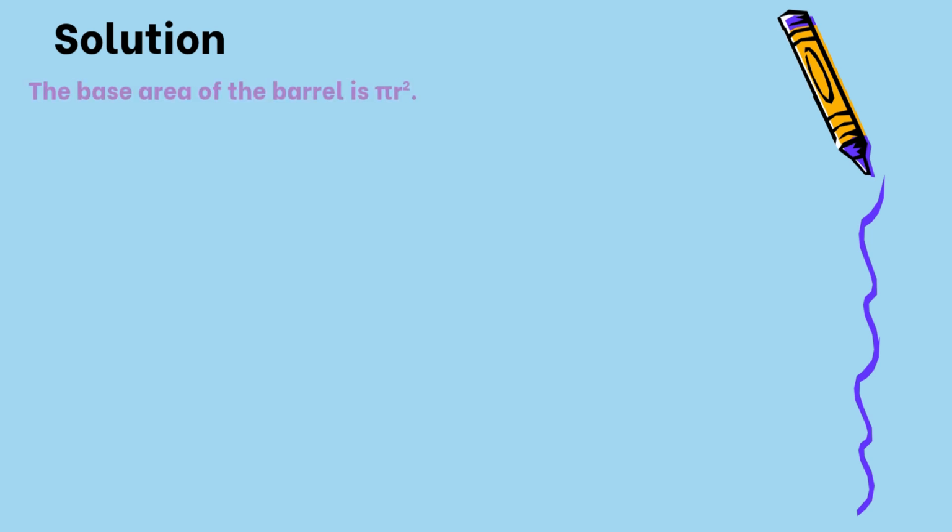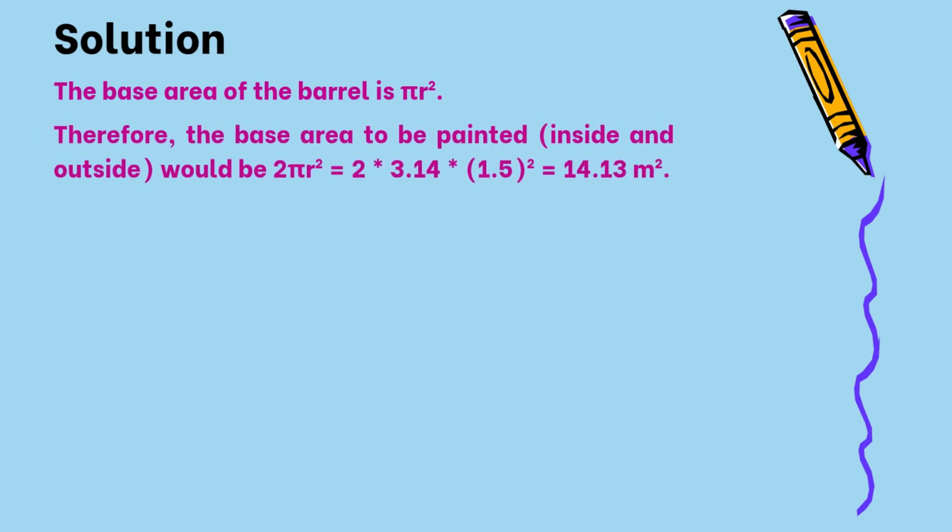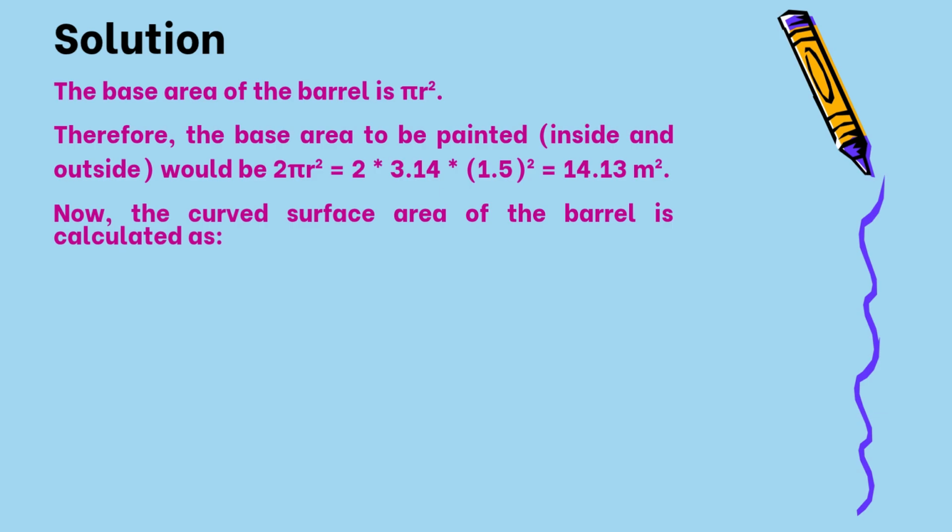The base area of the barrel is pi r squared. Therefore, the base area to be painted inside and outside would be 2 pi r squared equals 2 times 3.14 times 1.5 squared equals 14.13 meters squared. Now the curved surface area of the barrel is calculated as CSA equals 2 pi RH equals 2 times 3.14 times 1.5 times 2 equals 18.84 meters squared.